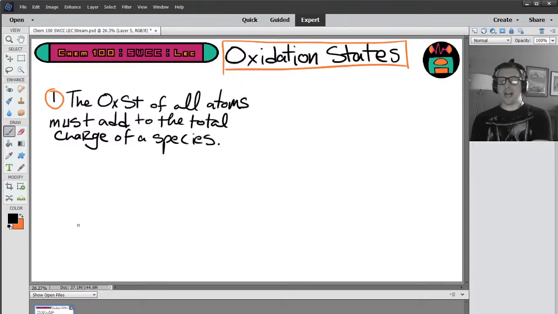The oxidation states of all atoms need to add to the total charge of a species.